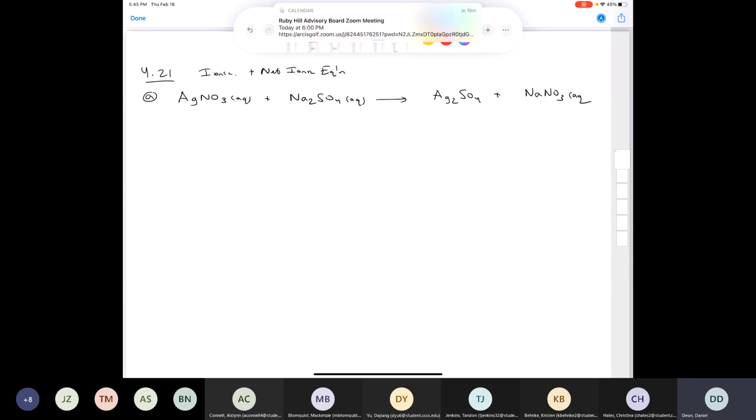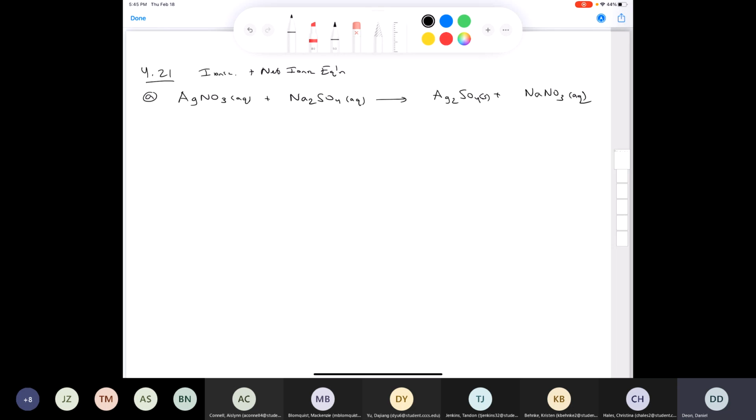Sodium nitrate is definitely a soluble compound, but silver sulfate, if you go to the solubility table and you look at sulfates, you'll see that sulfates are soluble. An insoluble exception, though, is silver, when we have silver as our cation. And so silver sulfate is actually a solid.